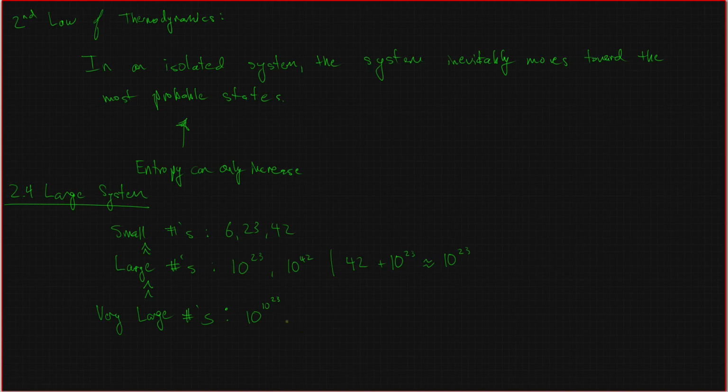And the nice feature about very large numbers is that you can take a very large number, 10 to the 10 to the 23, and you can multiply by a large number, and it doesn't change approximately. So this is 10 to the 23 plus 23. And this is just a carry forward of the approximation scheme that we used for large numbers compared to small numbers. So this is approximately just 10 to the 10 to the 23.